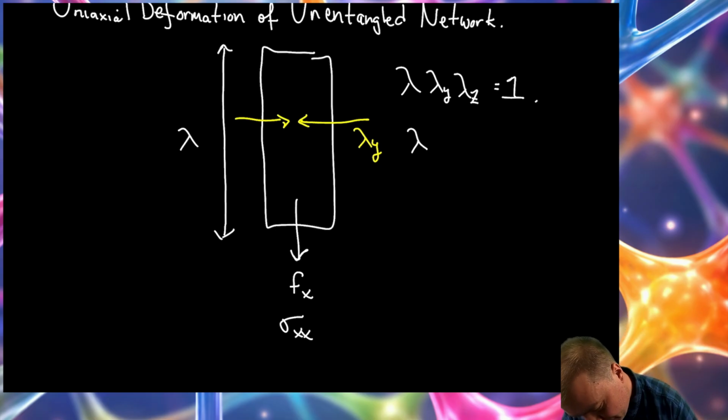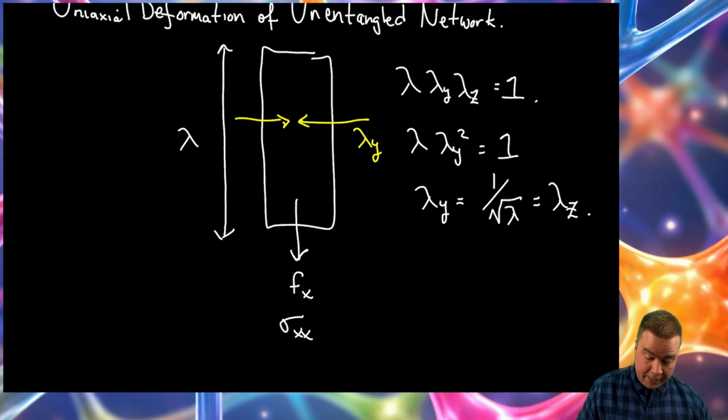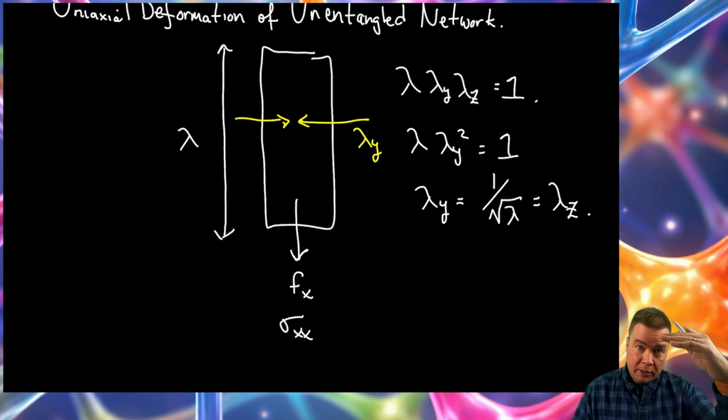So this means that lambda multiplied by, let's call it lambda y squared, must be equal to 1. So lambda y is going to be 1 over the square root of lambda, and that's going to be lambda z.